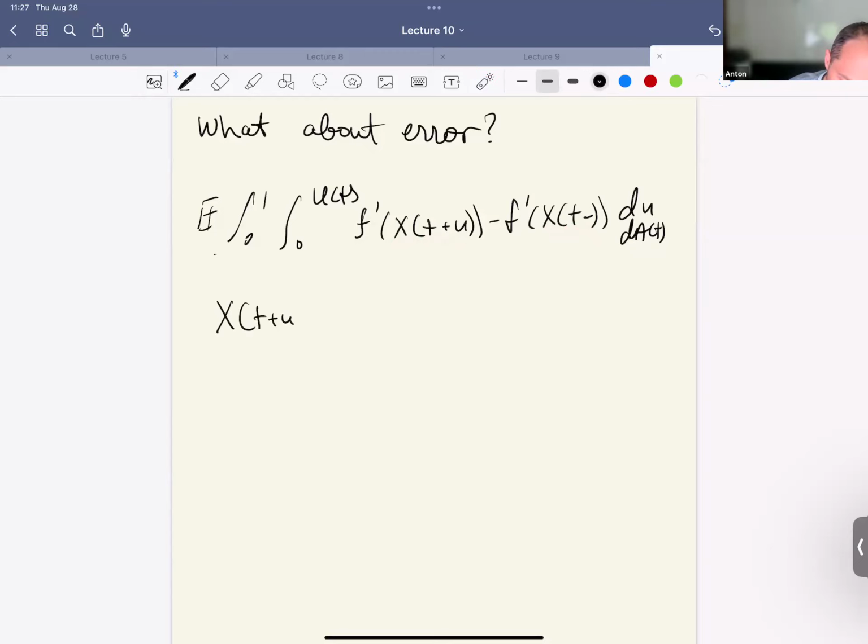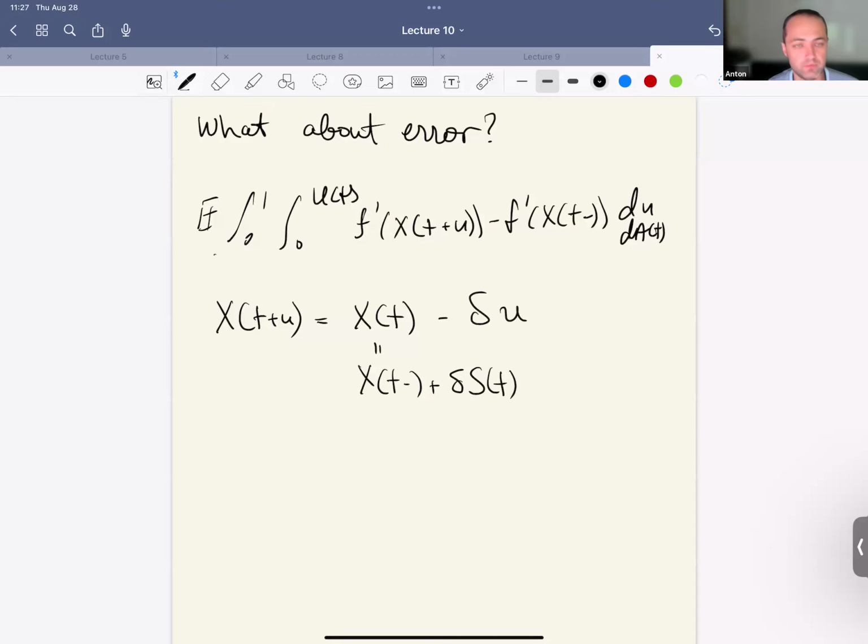X of t plus u equals the workload at time t, which itself equals x of t minus plus delta s of t, minus delta u. Every time unit that goes by, our workload gets decremented, but it cannot drop below 0, so it's the positive part.